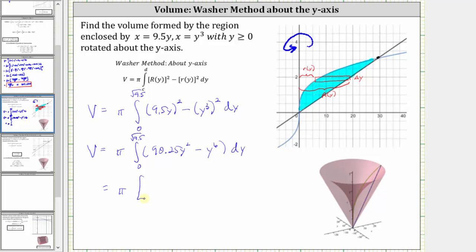The antiderivative of 90.25y squared is equal to 90.25 times y cubed divided by 3, or 90.25 divided by 3 y cubed, minus the antiderivative of y to the 6th, which is y to the 7th divided by 7, or 1/7 y to the 7th. Let's continue on the next slide.